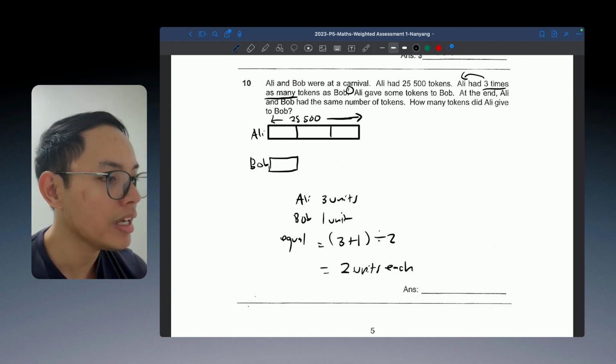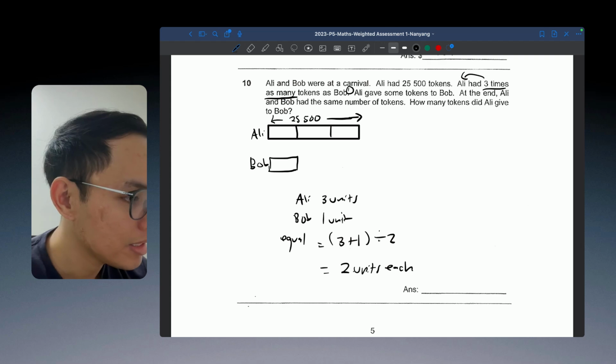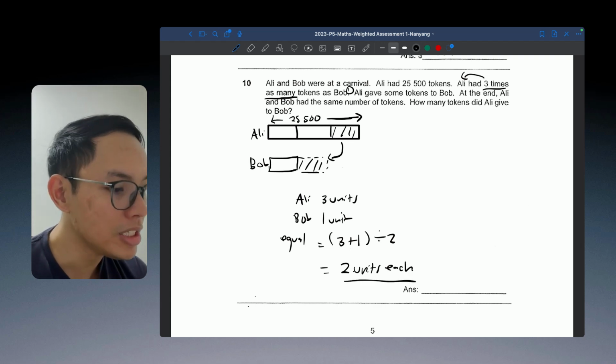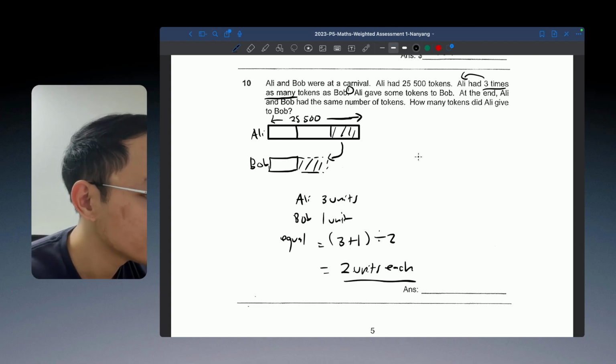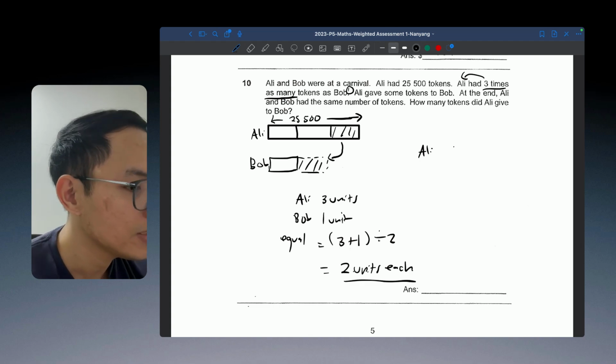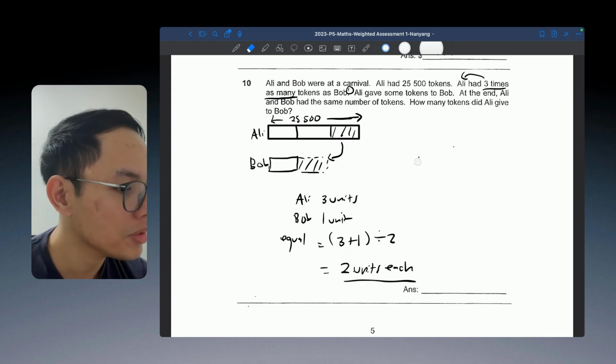Okay. Then that means Ali will give Bob 1 unit like this, right? So this is 1 unit. Since 2 units is equal, Ali gave 1 unit to Bob.